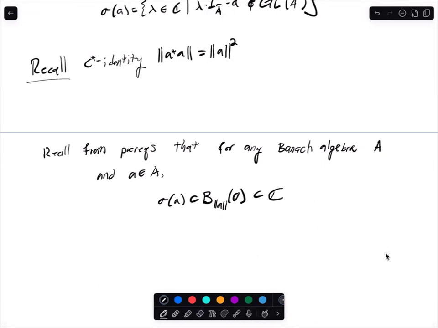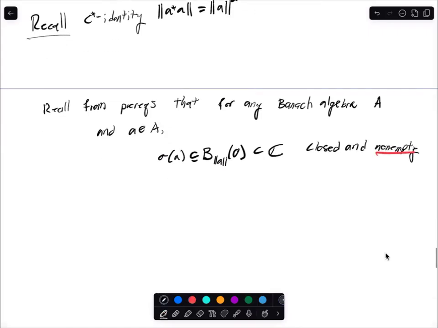This is all in the complex numbers. It's closed, non-empty, compact. That in itself, non-empty, is the remarkable part there.